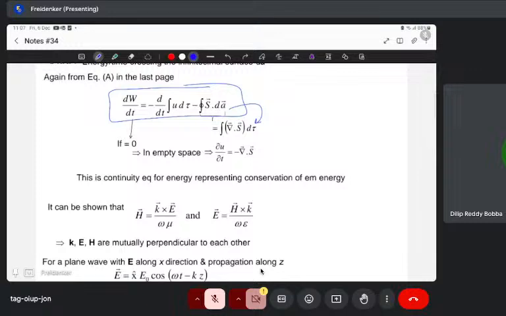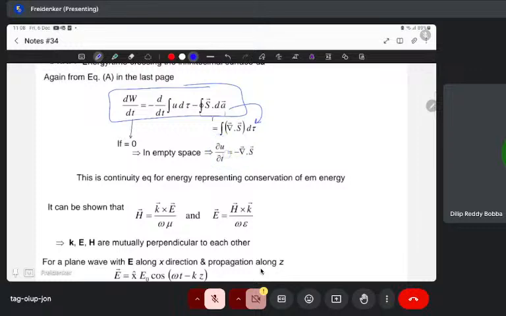In empty space. In empty space, what do you mean in empty space? In empty space, what's going to happen? You'll have nothing. This is zero. Fine. Empty space when it is zero. What is the reason? So rate of change of energy density is minus divergence of Poynting vector.